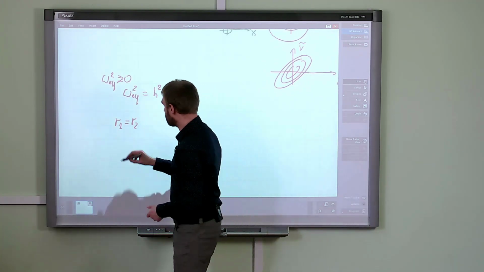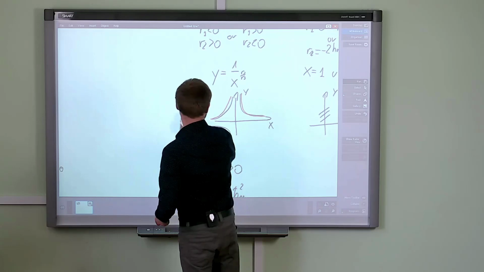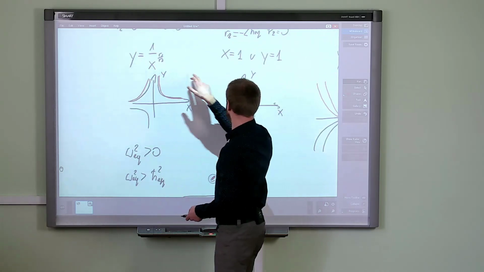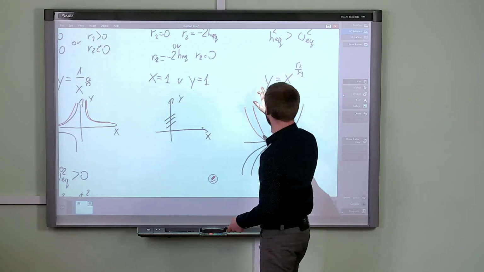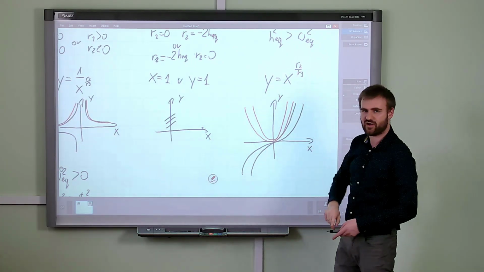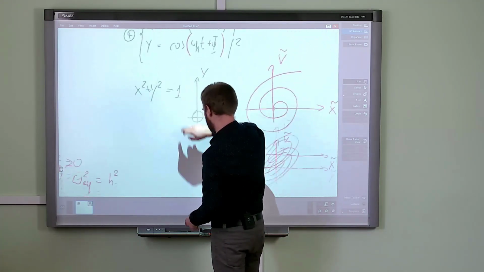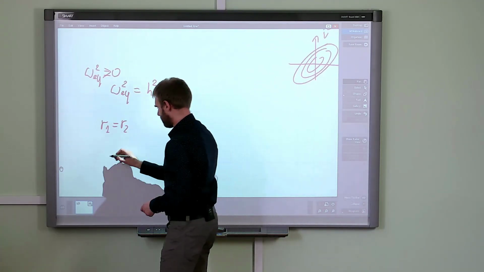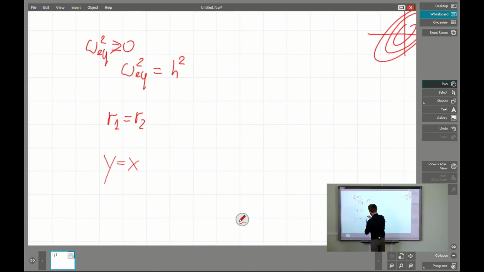And it means that from that equation we will have the same number as a power of that thing. And it means that y will be exactly equal to x. It means that on the Cartesian plane, we will have a straight line.